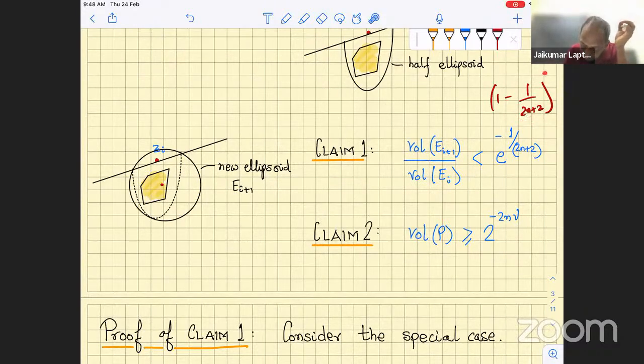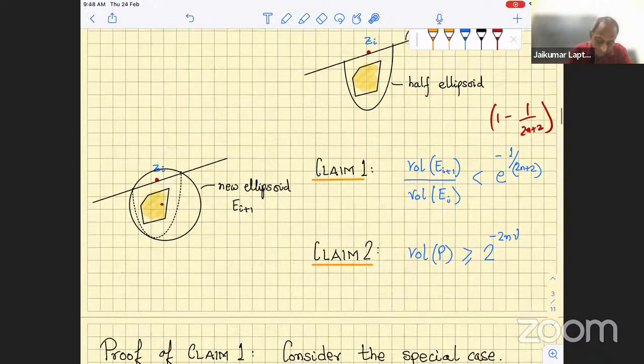So if you keep repeating this, then you will be accumulating an exponent here. And once that exponent becomes too large, a big polynomial in n, then this number will start coming down. It will be exponentially small, 2 to the power minus some large polynomial.